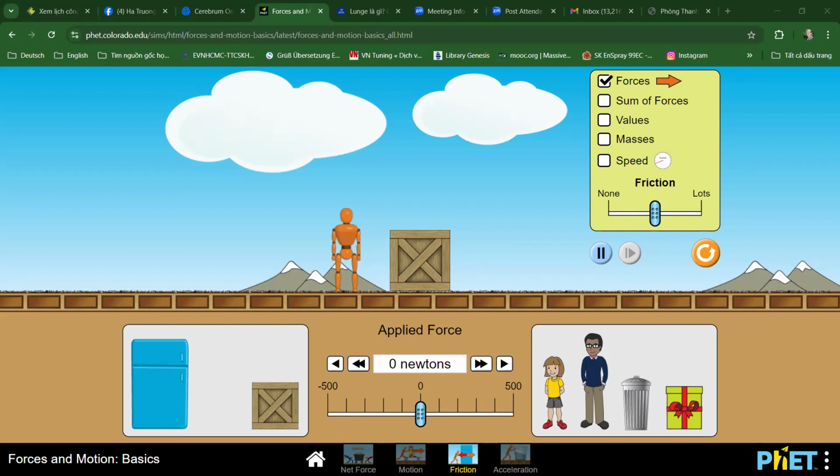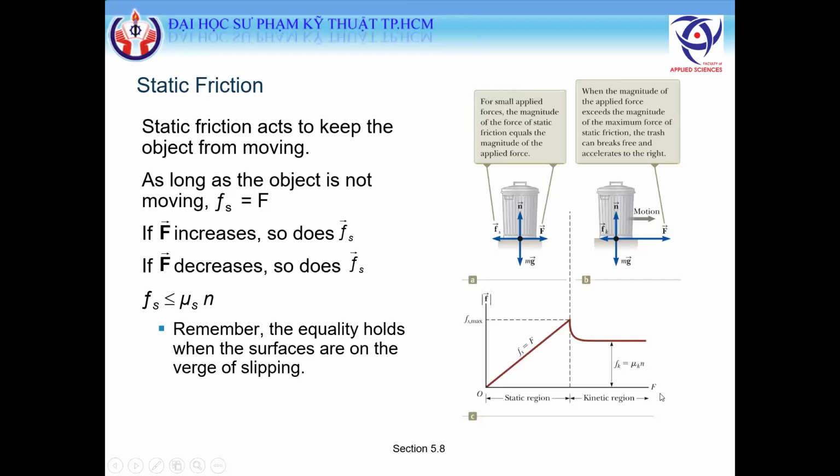I will show you the example here. Can you see the new screen? Yes, I do.